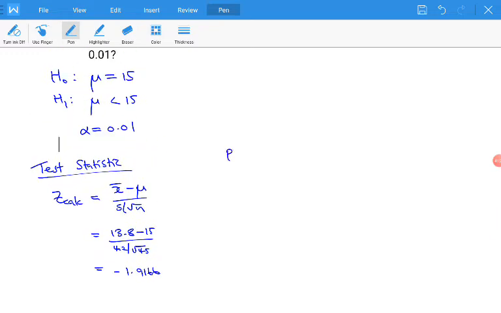So the p-value, how do we obtain the p-value? The p-value is equal to the probability that z is less than negative 1.92.